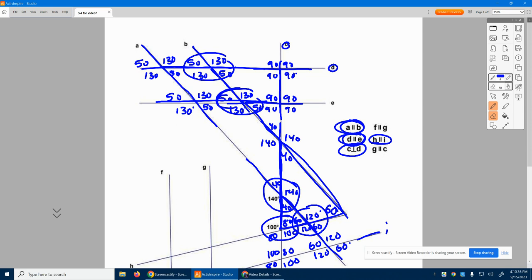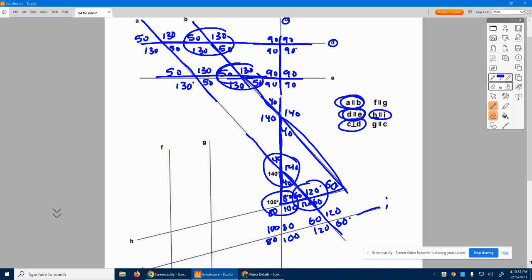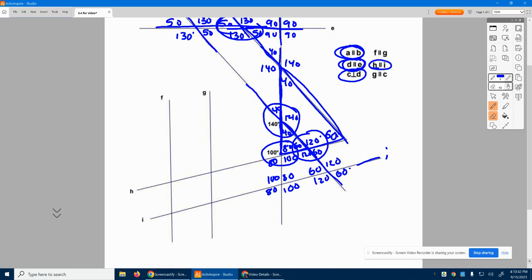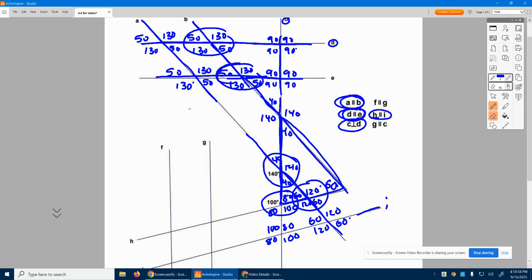Now, if we come down, what can we do over here? Well, it says this line right here, got to show you the name of it. He was line who? He was line C, wasn't he? C and G are parallel.